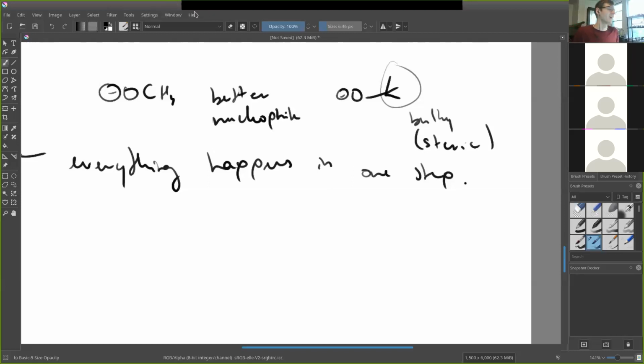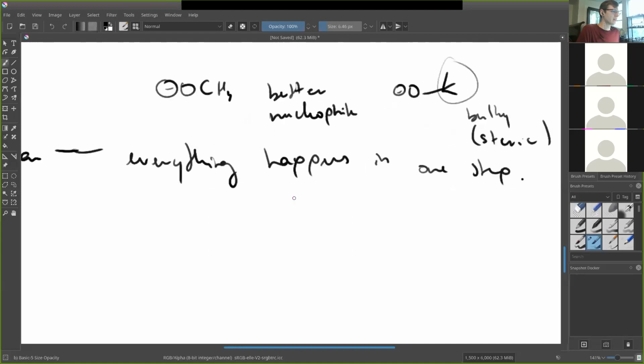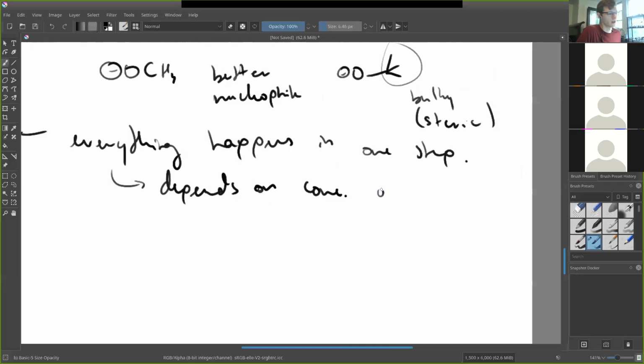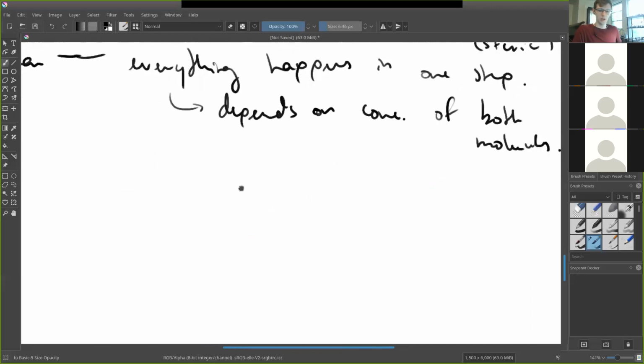Got it. Okay. So everything happens in one step, and so this means it depends on the concentration of both molecules.